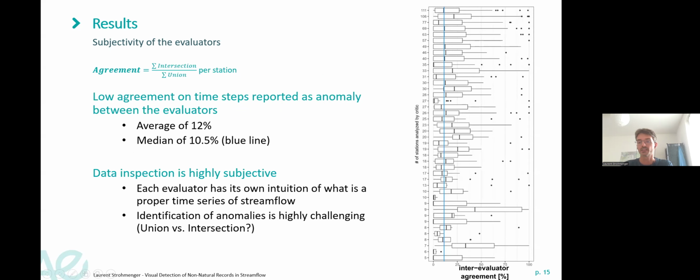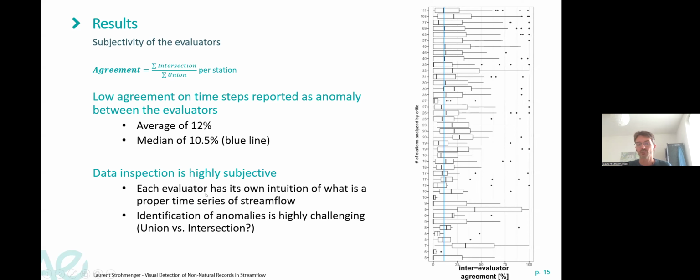Now, regarding the agreement between the evaluators, the figure is kind of the same, but the x-axis changed, and it's the inter-evaluator agreement. And now we see that the overall agreement between the evaluators was about 12% of the time reported as anomaly. So it's really, really low. This shows that identifying anomalies in the time series is highly subjective.